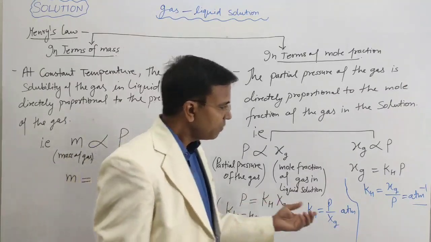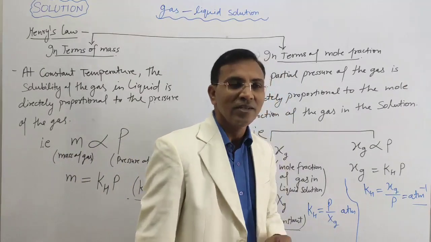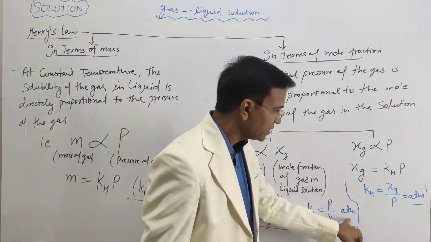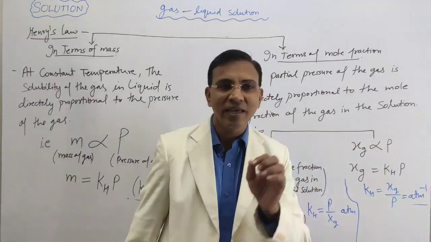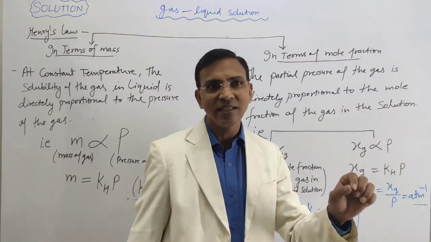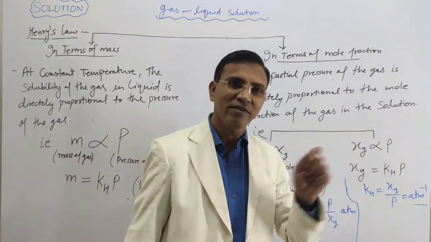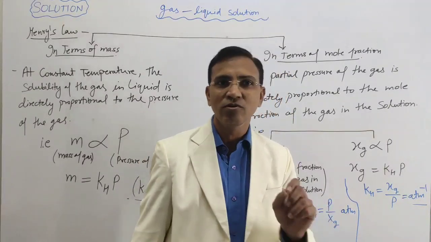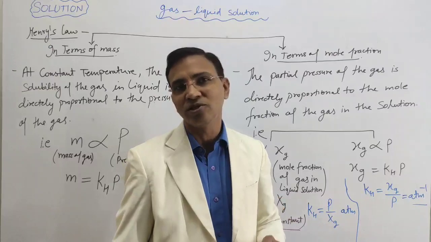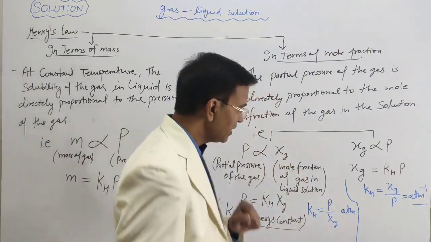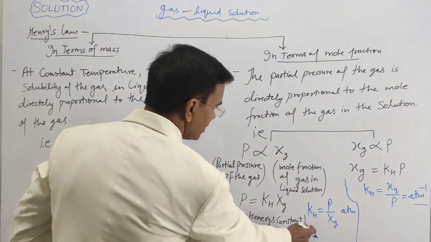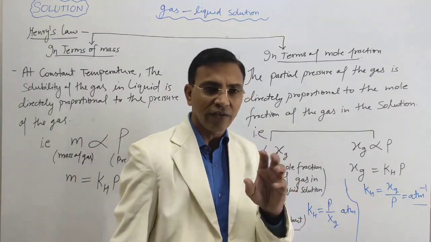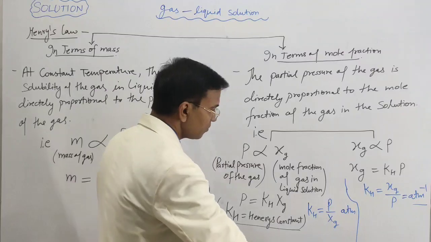So which formula is used in the questions? The main thing is, it depends on the unit of kH given in the question. You have to use the formula according to the unit of kH given in the question, right? And if the unit of kH is generally not given, then this formula is used.